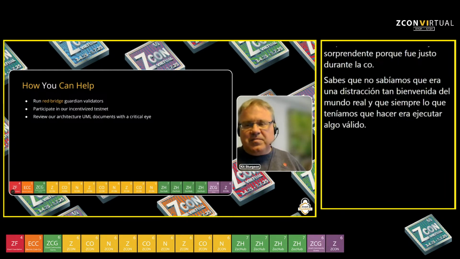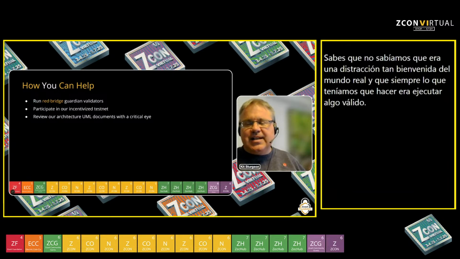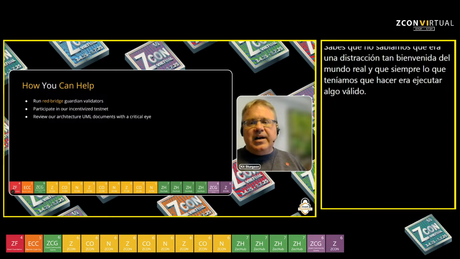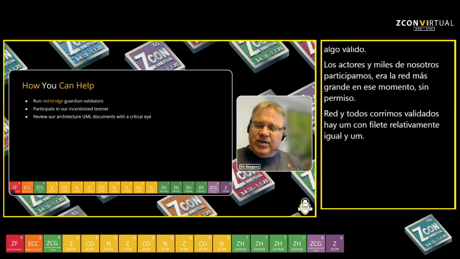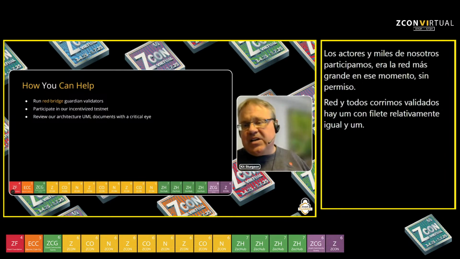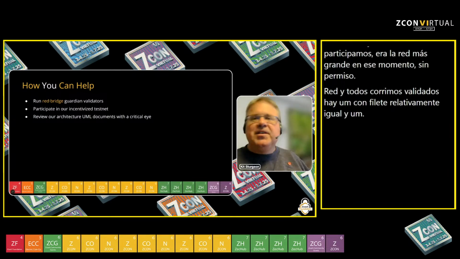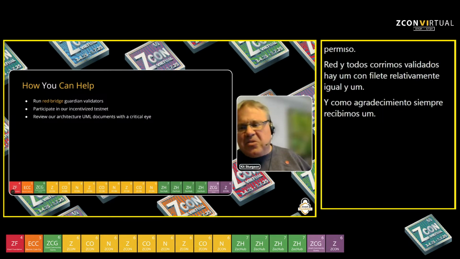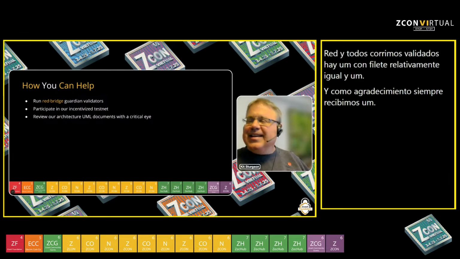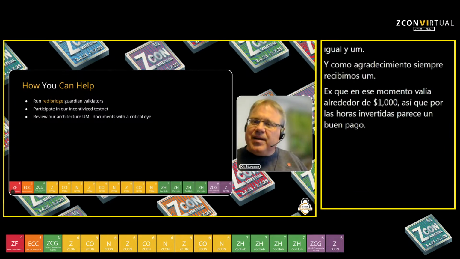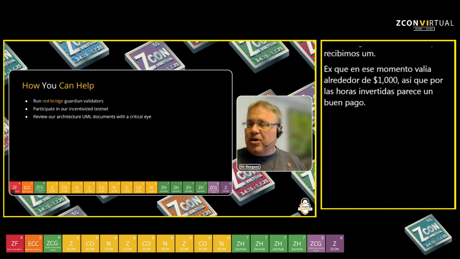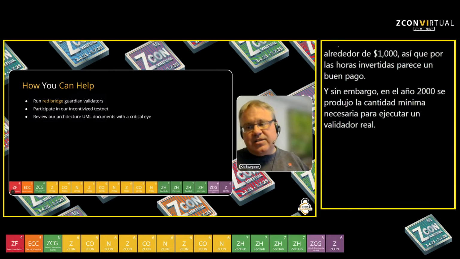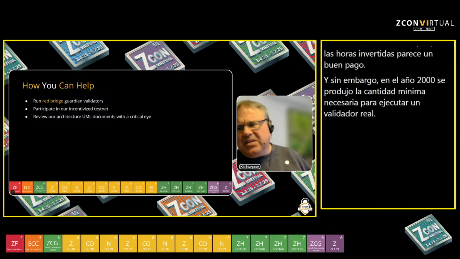It was the biggest permissionless network at the time, and we all ran validators with relatively equal stake, and as a thank you, we all received 2,000 AVAX, which at the time was worth about $1,000. So for the hours put in, it seemed like, nice pay, fine. And yet 2,000, it just so happened, was the minimum amount necessary to run a real validator once Avalanche launched. And our 2,000 AVAX was locked for a year. Couldn't do anything with it except really run a validator.